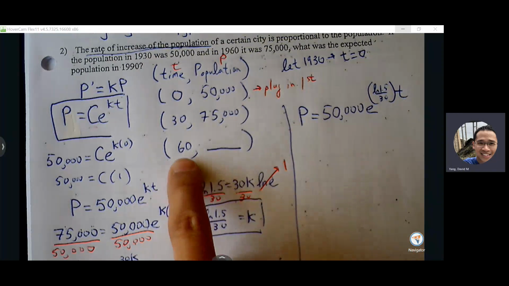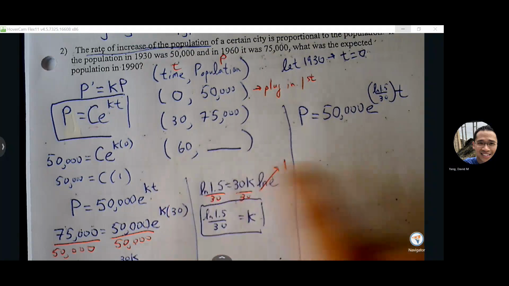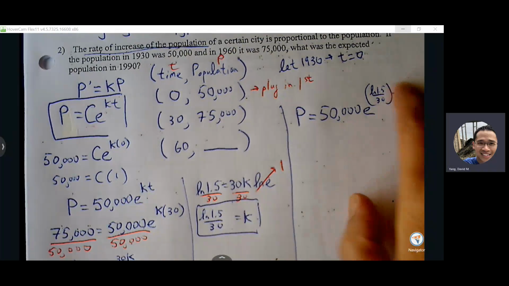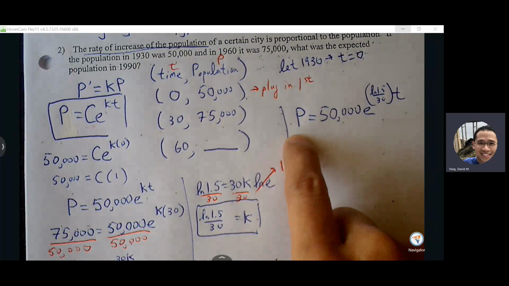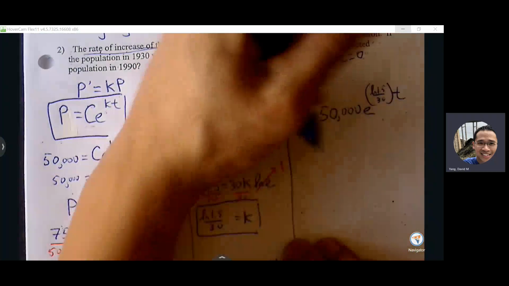So now I want to find out what is the population 60 years after we began in 1930. So I can plug 60 into the what? Into T, and then all of this can go in the calculator. That will give me a decimal, and now I can make my prediction for my population in year 60 or 1990.